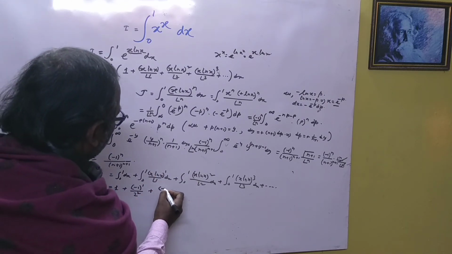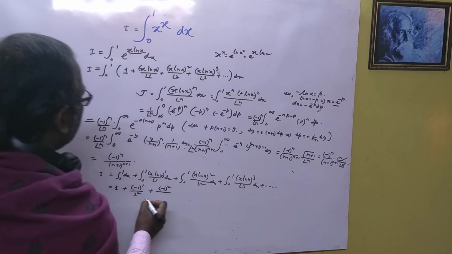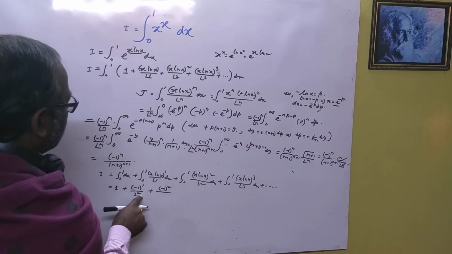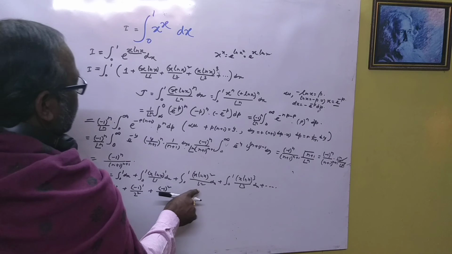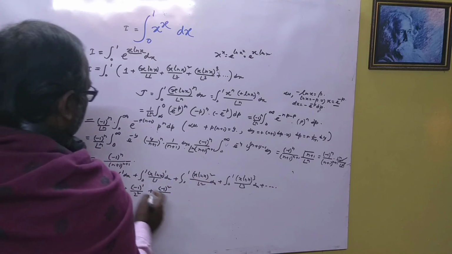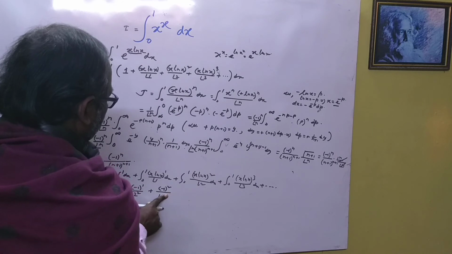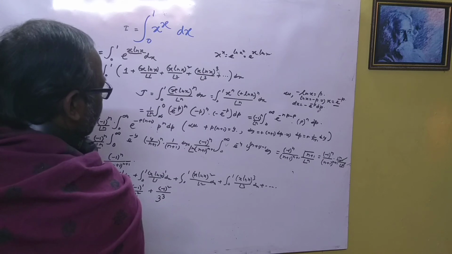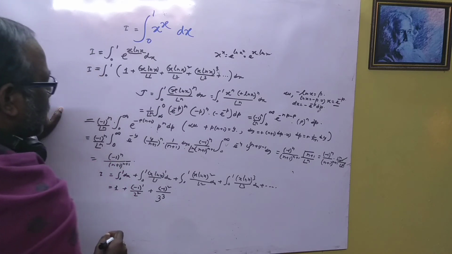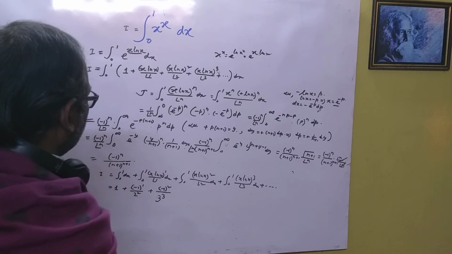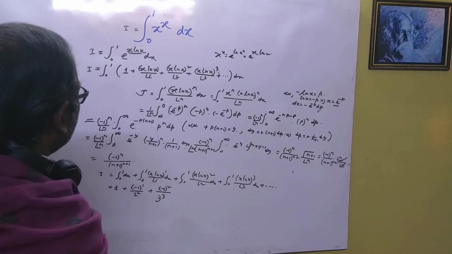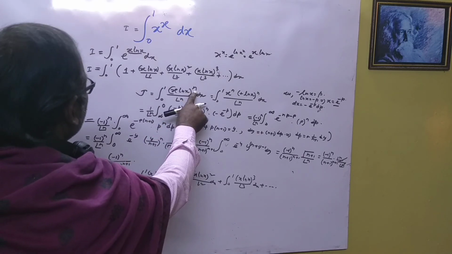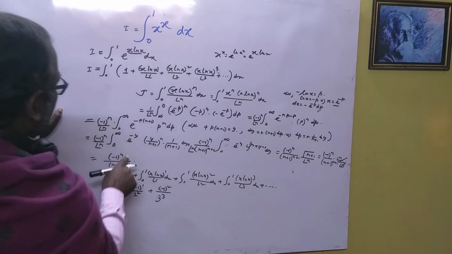And here minus 1 whole square by... this is here 2, then 2 plus 1, this is 3, this is 3 to the power 3. When this is 1, this is 2, 2.